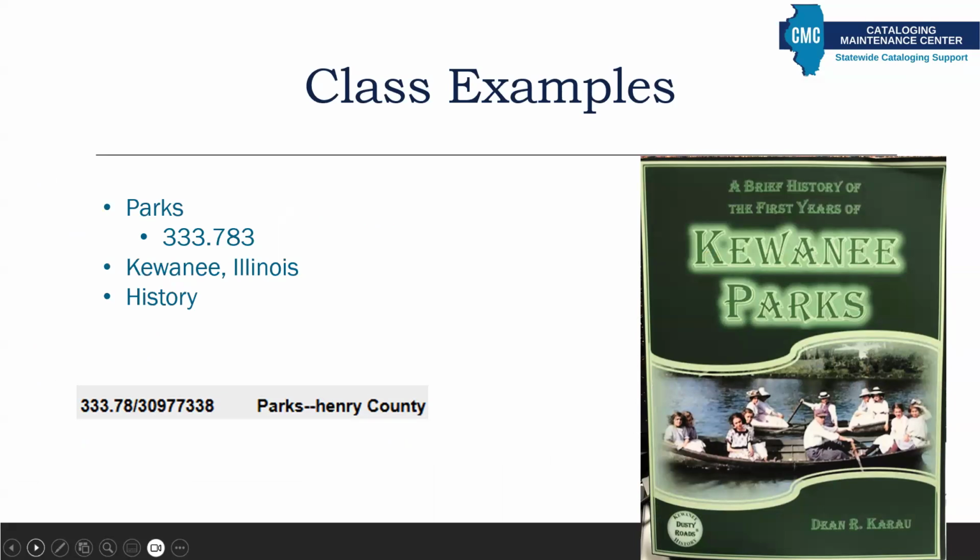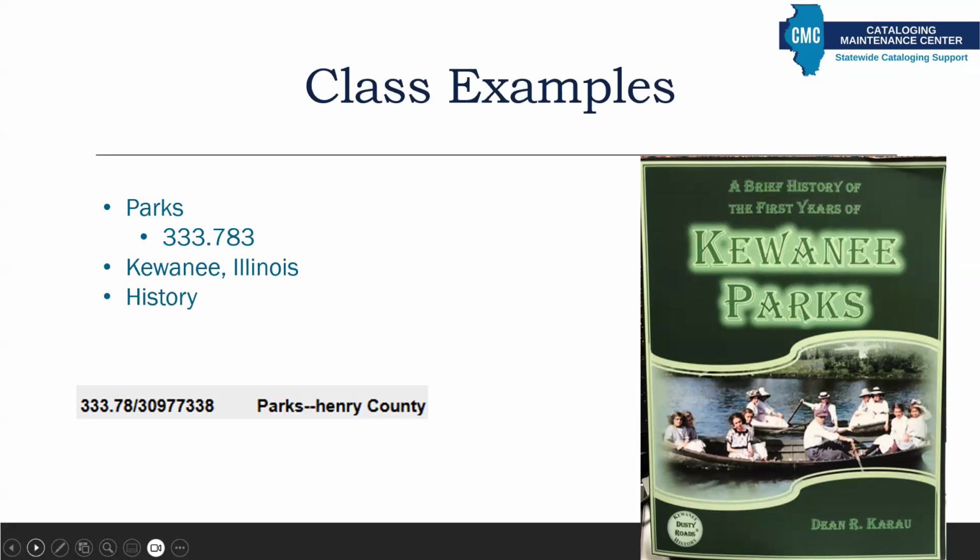Our last class number is another one I cataloged a while back. It is, as the cover states, a brief history of Kewanee parks in Kewanee, Illinois. So we're going to start by searching for parks in Dewey, and this takes us to 333.783. Like in our last example, we'll want to go to T1 to add the geographic information from the 09.